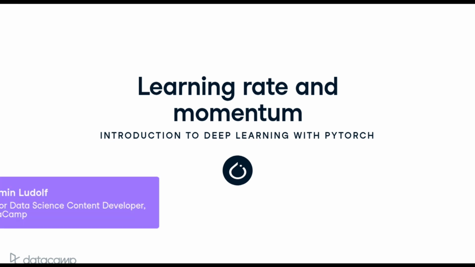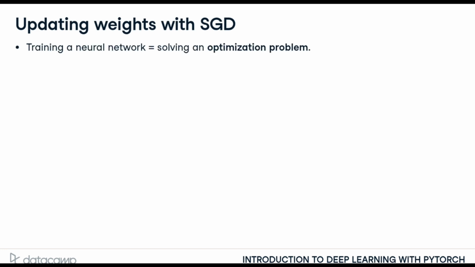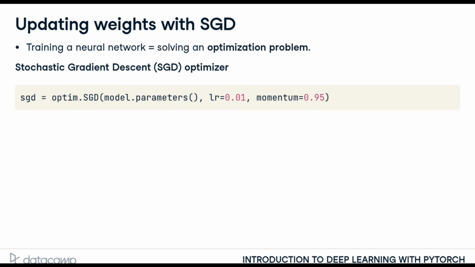Learning rate has come up a few times. The time has come for us to dig deeper. Training a neural network means solving an optimization problem by minimizing the loss function and adjusting model parameters. To do this, we use an algorithm called stochastic gradient descent, or SGD, implemented in PyTorch.